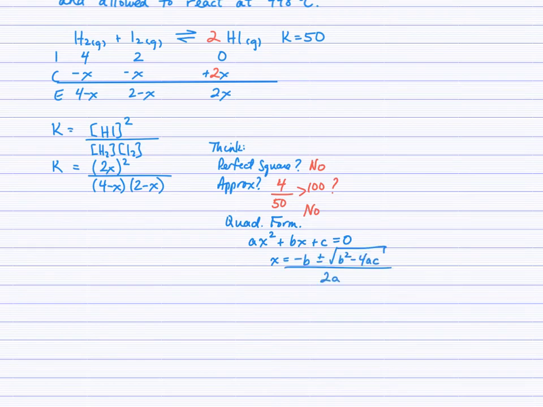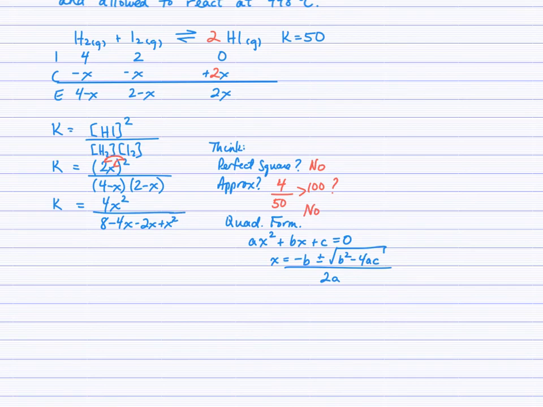Okay, and so there's a bunch of simplification to be done. So I'm going to square both the 2 and the x, so don't forget about that, so 4x squared, and then I'll apply FOIL to the denominator, and so 4 times 2 is 8, 4 times negative x, negative 4x, minus 2x, plus x squared.